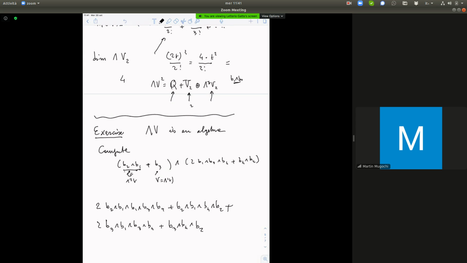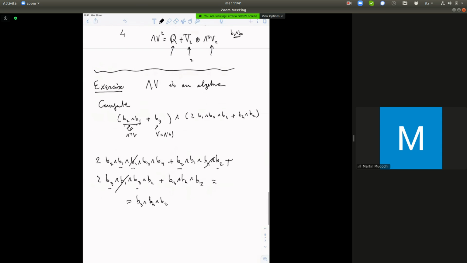Now I see that here B1 and B1 are repeated, and here B2 and B2 are repeated, and here B3 and B3 are repeated. Then I cancel, and I have B3 wedge B4 wedge B2, which is the result.